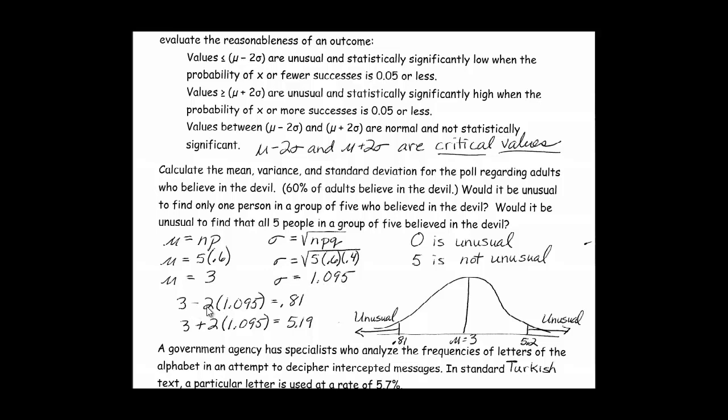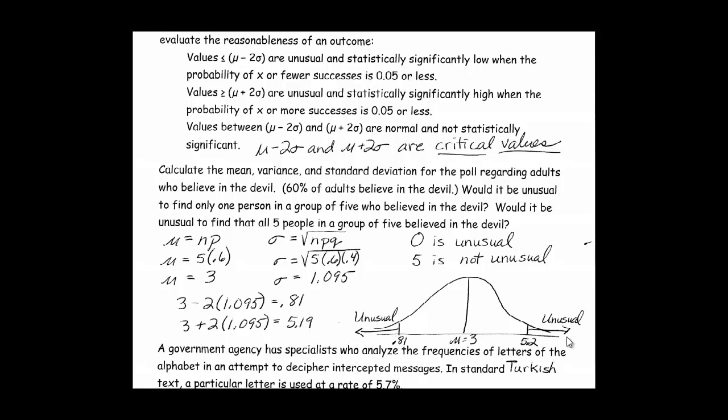We're going to say 3 minus 2 times 1.095, and I just left 3 decimal places in here. So I get 0.82. That's our cutoff. Now that doesn't make sense in terms of a whole person, but it's going to make sense in our distribution. Then we have 3 plus 2 times 1.095, and we get 5.19, and again, you can't have 0.19 of a person, but it's going to make sense in our distribution.